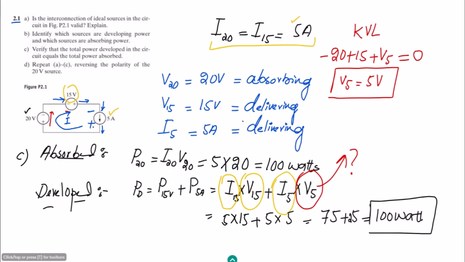Okay, so this one is equal to this one, therefore both the power developed and the power absorbed are the same. Okay, so this is from part A to part C.